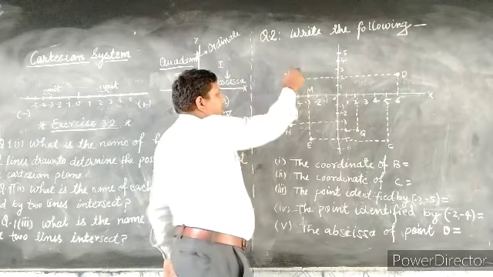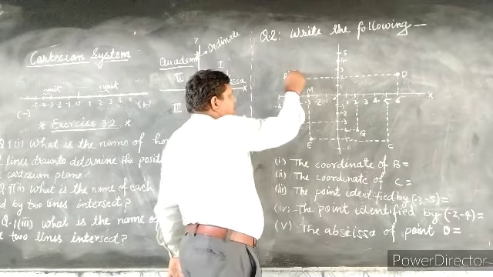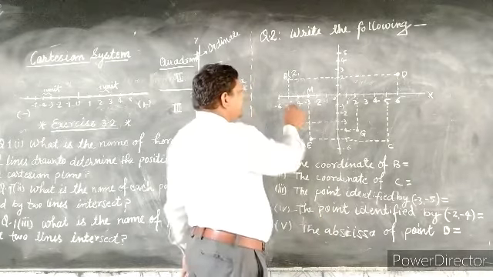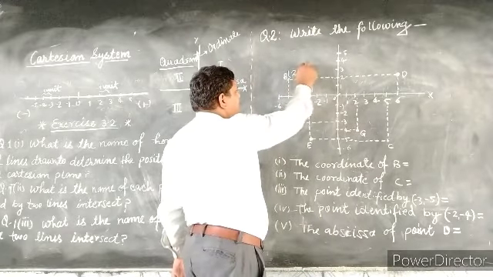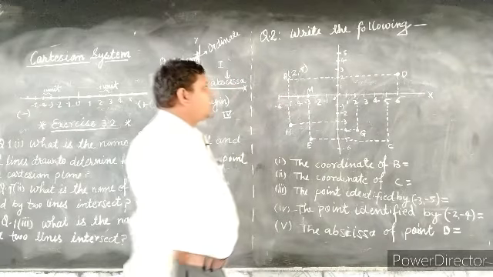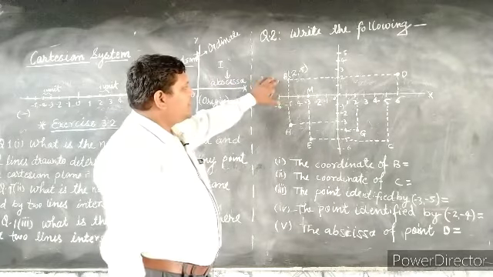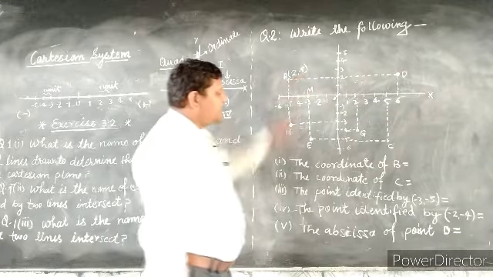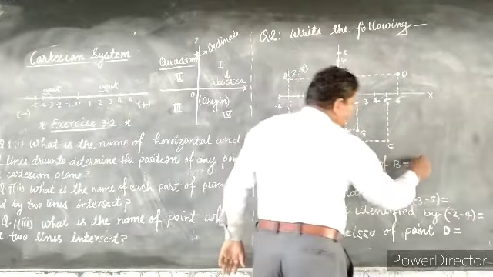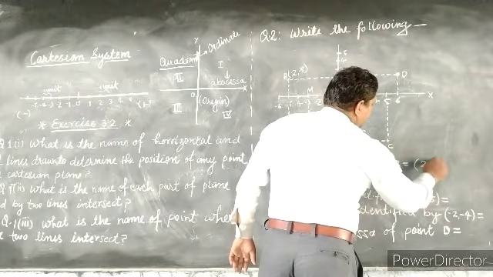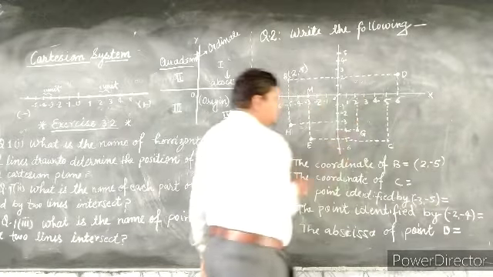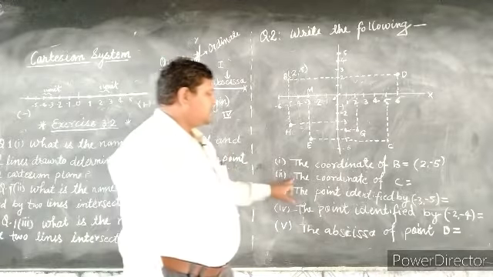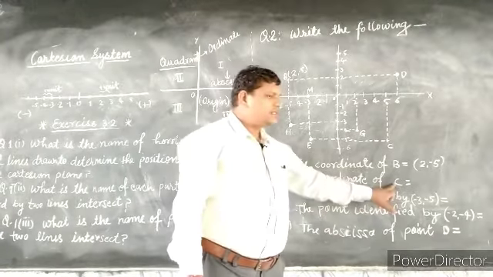First we write its x coordinate, that is abscissa, and the y coordinate, that is -5, known as ordinate. So point B is represented as 2, -5. The coordinate of the point B is 2, -5. Is it clear?